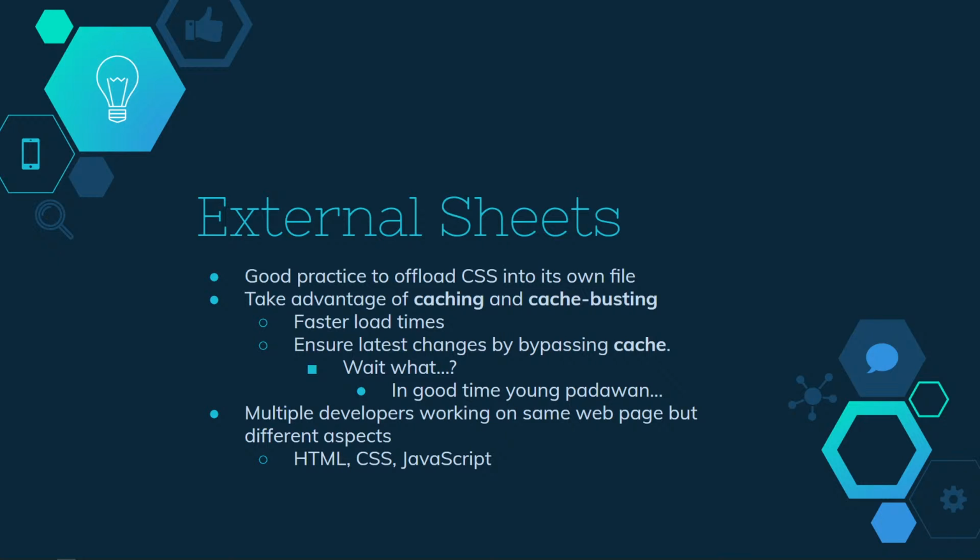So there's a concept called cache busting, which actually takes the hash of the content and appends that to the name of the CSS file. That way, if the contents change, so does the file name. It's not so complicated, but it's actually pretty cool. So this way, again, we take advantage of faster load times, but also any changes to the content will immediately get seen. Okay. All right.